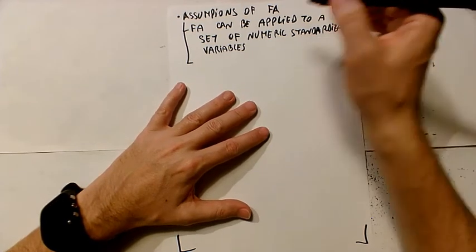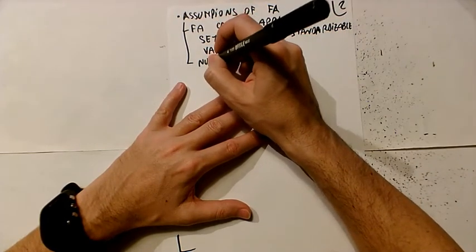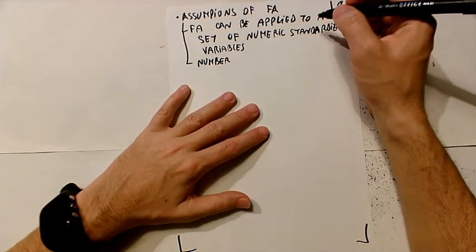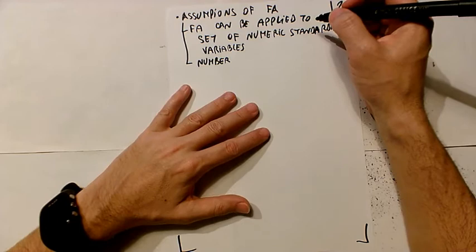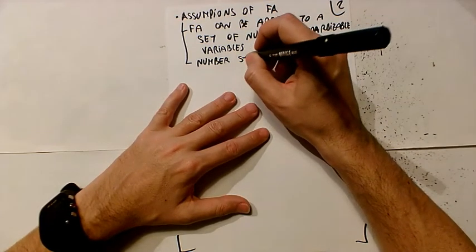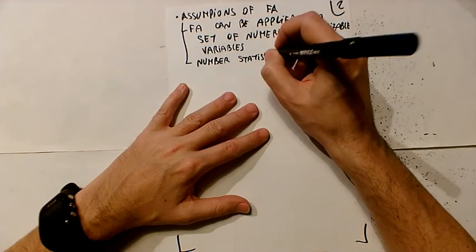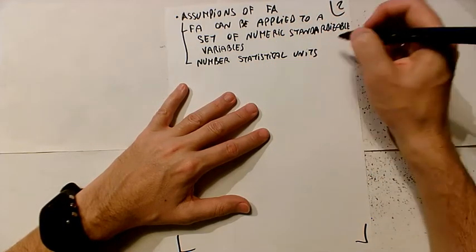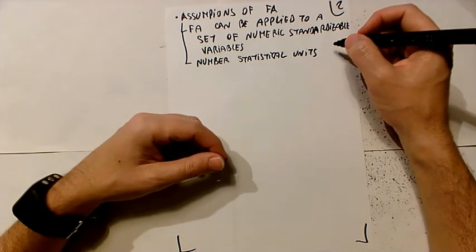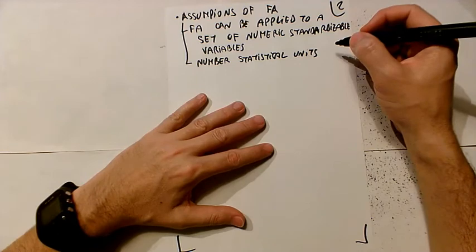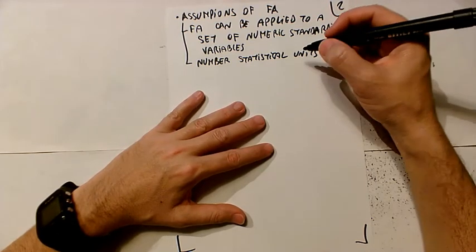The number of statistical units, this is an important condition for the application of factor analysis. The number of statistical units must be at least 5 times the number of original variables.